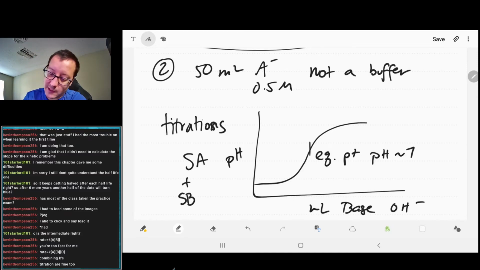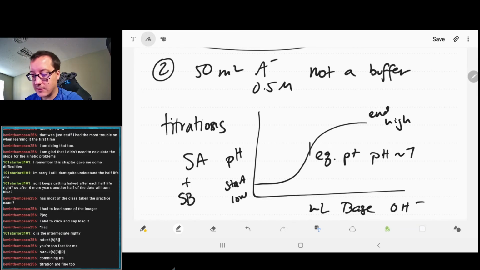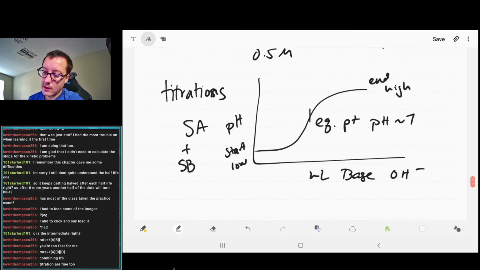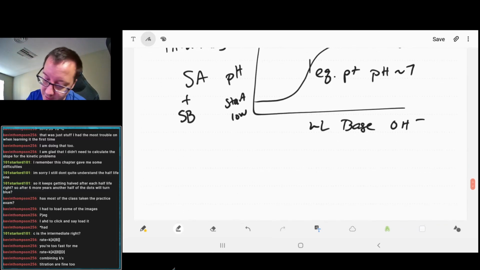And we start very low and we end very high. Strong acid, strong base titrations are boring. Who cares? Next. There's that kind of sharp increase, though. There's plain old sigmoidals, but nobody cares about those very much.